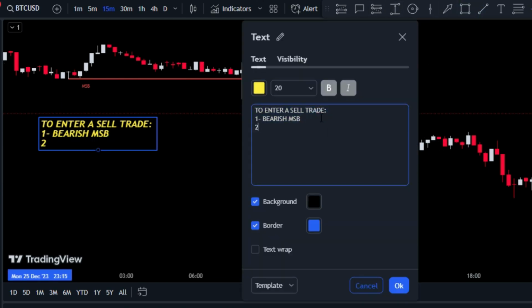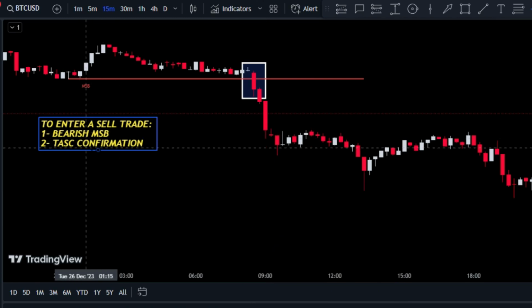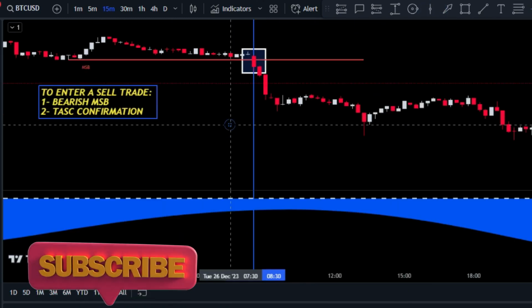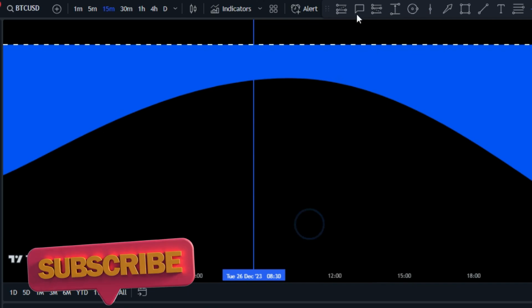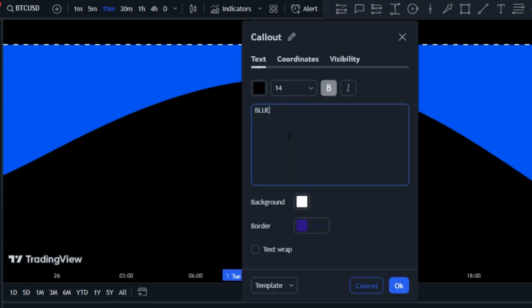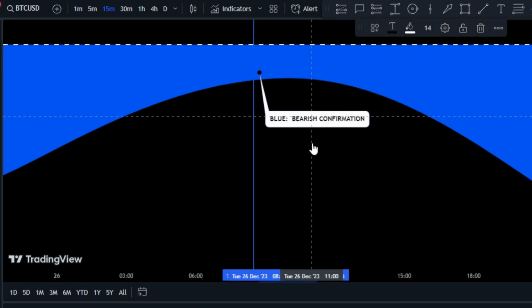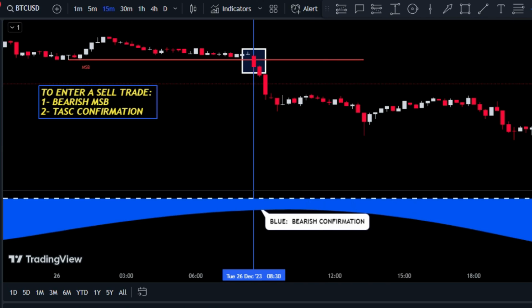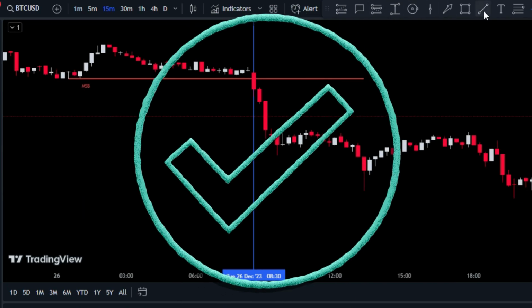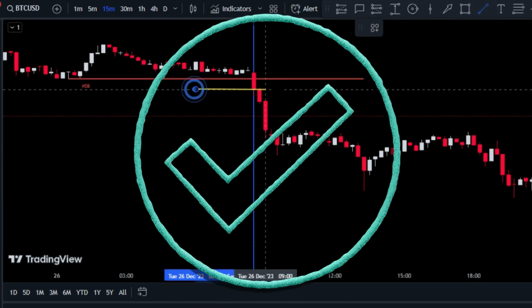Once we have that, we'll need to check the TASC indicator to confirm the signal. If everything checks out, feel free to open a short position.